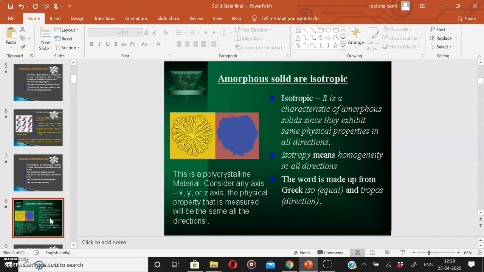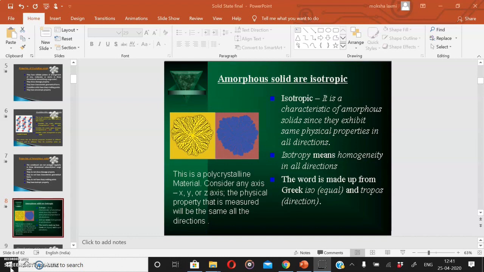So when we say that amorphous solids are isotropic, it means that physical properties like electrical resistance or refractive index show the same value when measured in different directions of the solid.